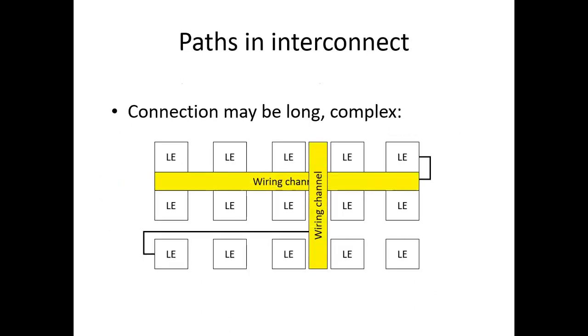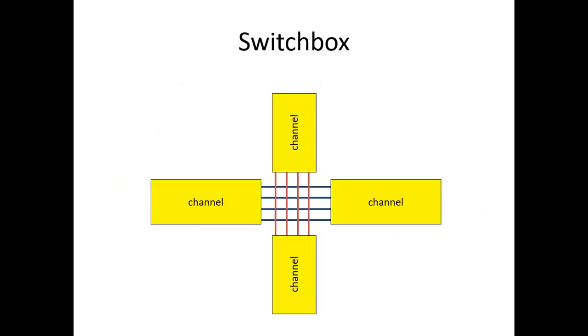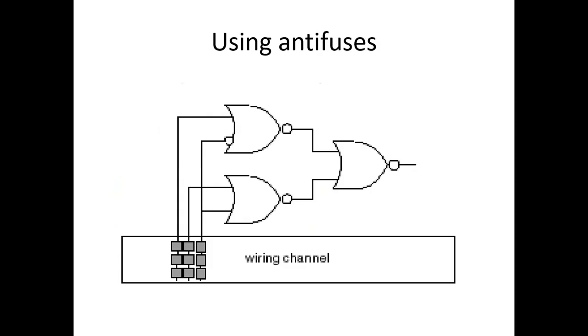This is called the wiring channel. This is a switching box. And this is the permanent one, which is basically anti-fuse. Sorry, it's not; this is permanent anti-fuse material. If we make the fusing, then this will be permanent.